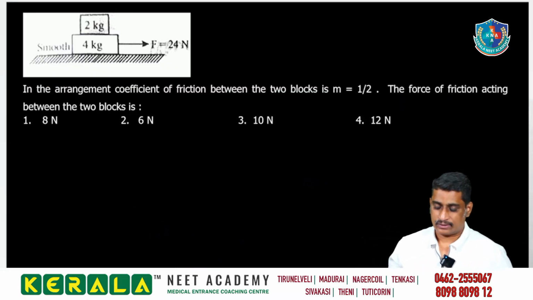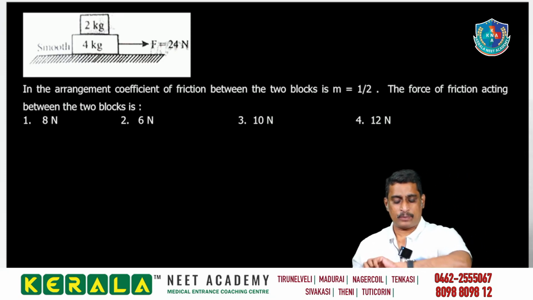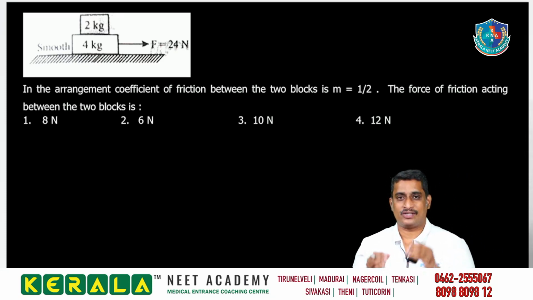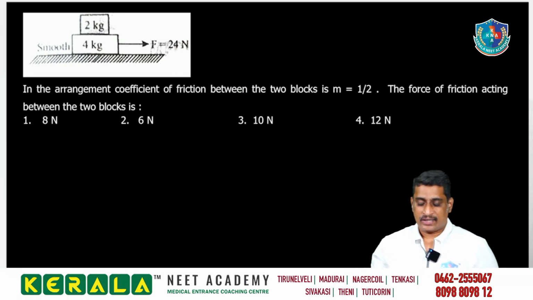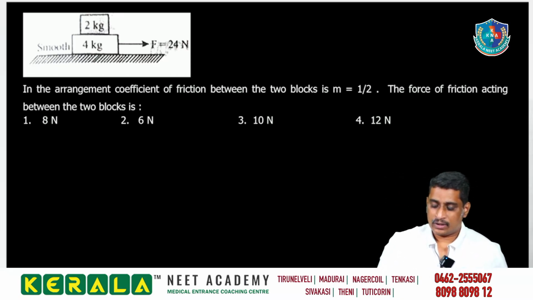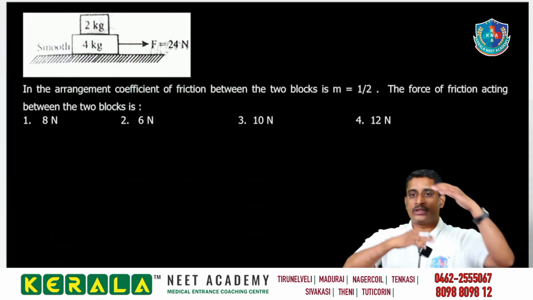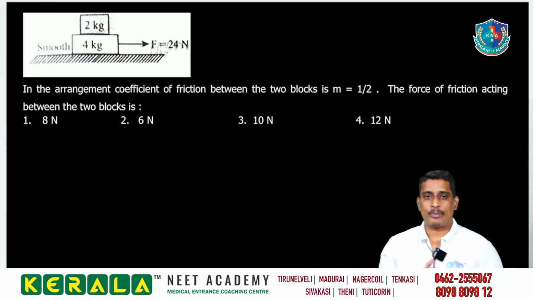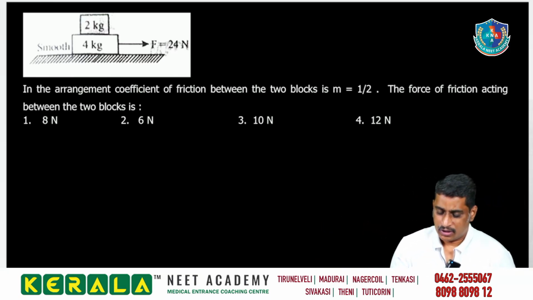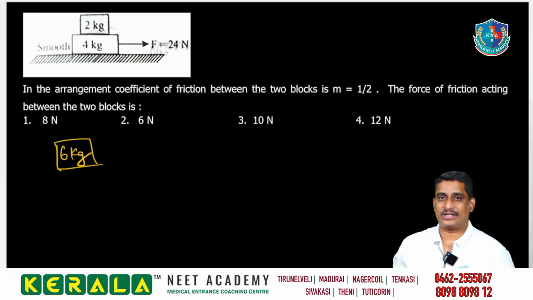Look at this question. A force of 20 Newton is applied over the lower block of mass 4 kg. And they're asking us to find out the friction between these two blocks. Whenever you meet this type of question, first of all, let us assume that the two blocks are moving together with common acceleration. If you take these two blocks together as the system, the total mass of the system is nothing but 6 kg.